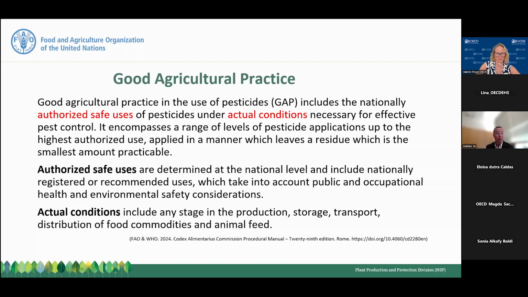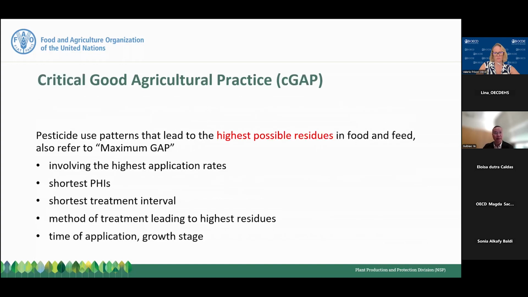And for actual conditions, this includes any stage of production of a crop, so storage and transportation and distribution of food commodity or animal feed, because we also deal with animal feed. And I think from the point of view of MRL recommendation, the most important is the critical GAP, the critical good agricultural practice.